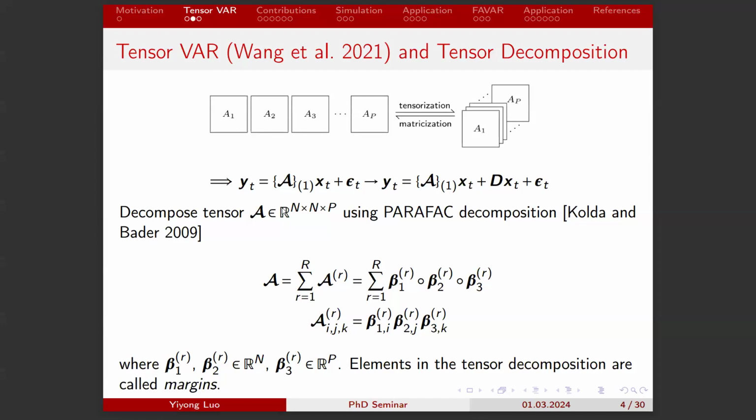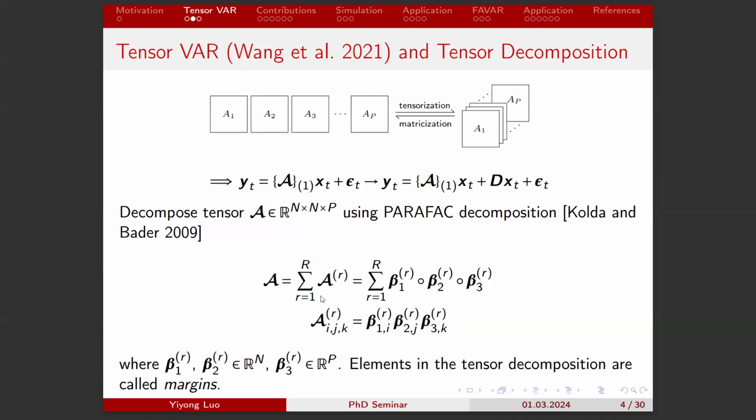But since it is a tensor, we can decompose it using the PARAFAC decomposition, which is a really simple way to decompose your tensor and reduce the number of parameters. So here is our curly A, and assume that we can predetermine its rank, capital R. Curly A can be decomposed into the sum of R tensors, curly A_r, with the same dimensionality.